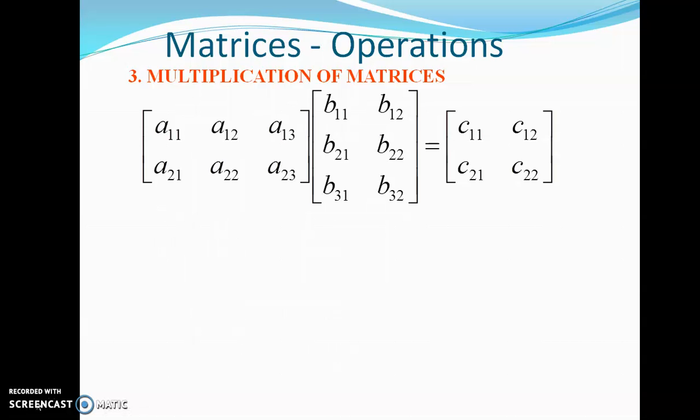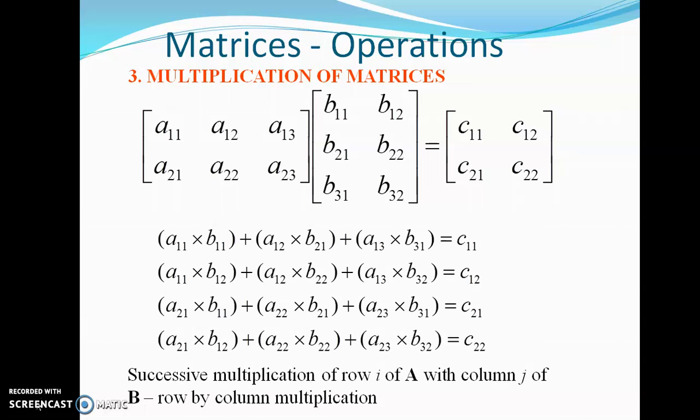Here this describes multiplication of the two matrices. The first row of the first matrix is multiplied to the first column of the second matrix, and so on. So in this way, a matrix multiplication can be done.